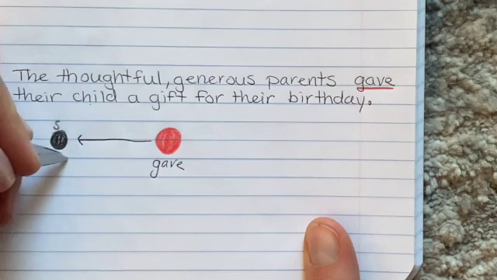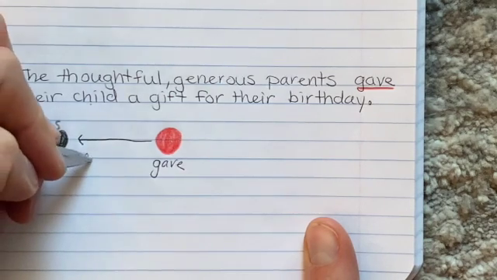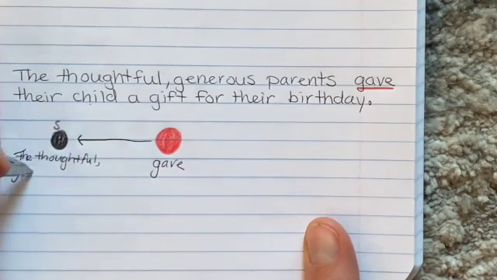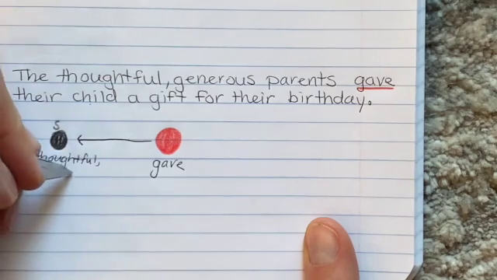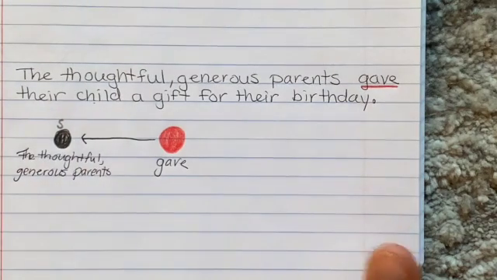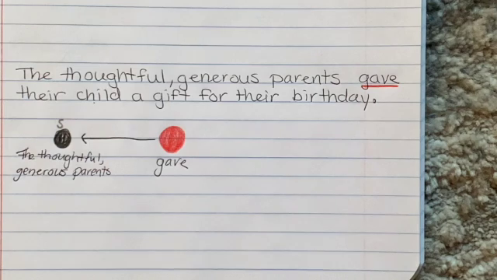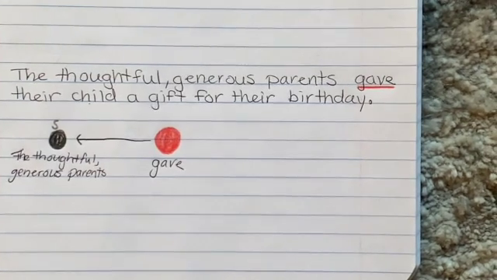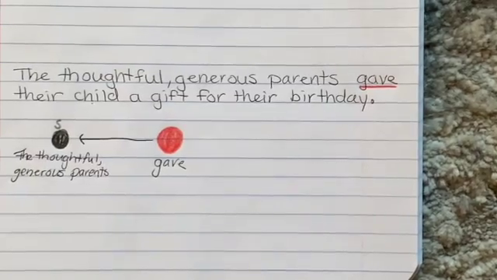The thoughtful, generous parents. Now we need to ask the question, can we ask the question what? So does it make sense? Does this verb need to be transferred? The thoughtful, generous parents gave.